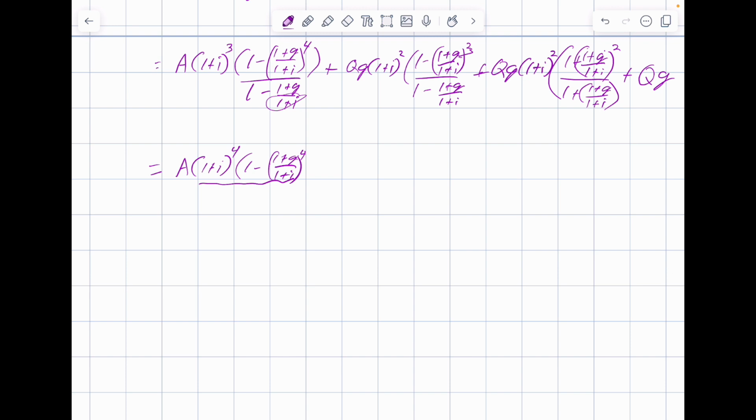And if we multiply the bottom by 1 plus I, we'll get 1 plus I minus 1 plus g, and the 1 plus I will cancel out there.